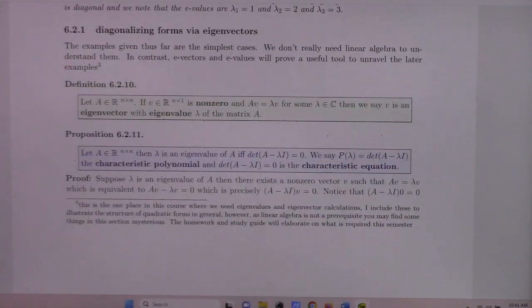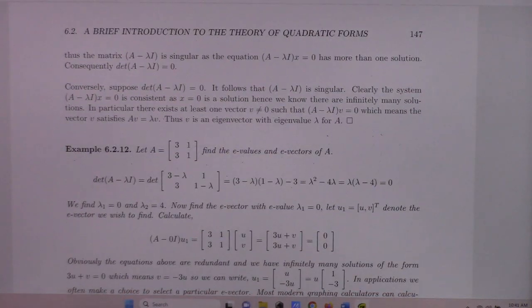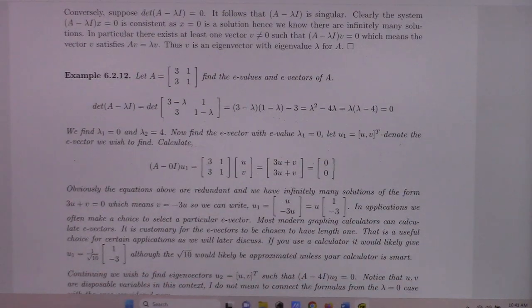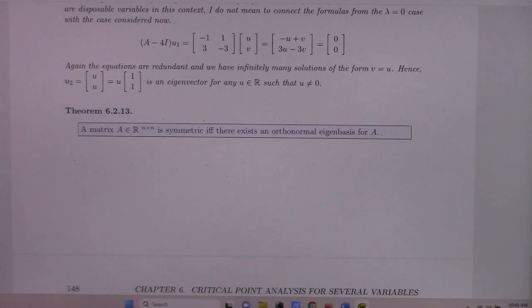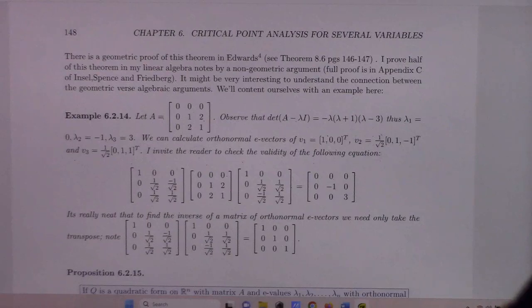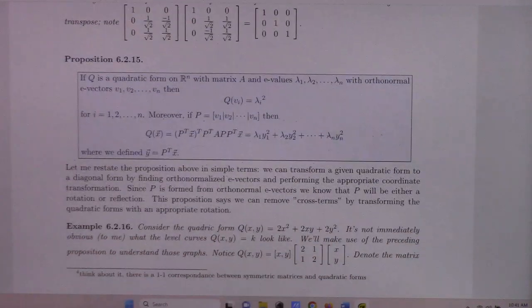Now, this is what I just worked through with you, like eigenvalues and eigenvectors and such. Here's one. I don't have a picture for it, so we don't care about it. Here's another one. I'm trying to find the ones with pictures. So we just worked out this proposition 6.2.15 in here, right?